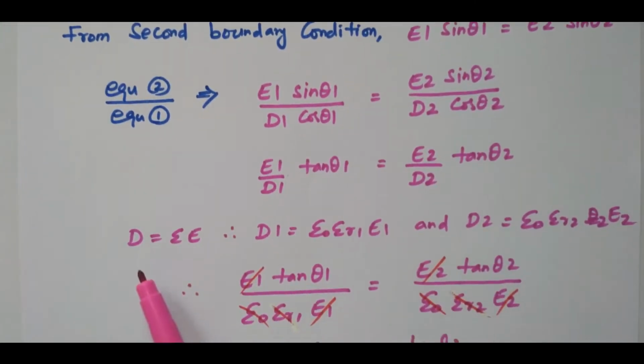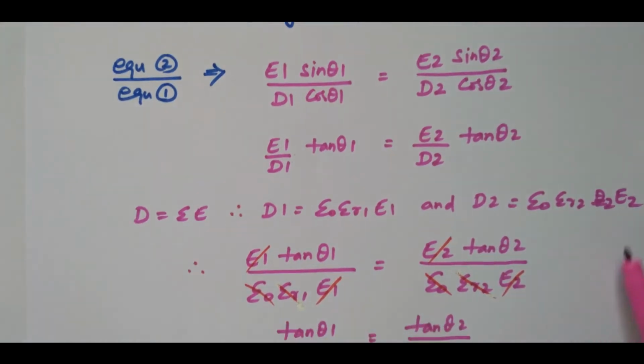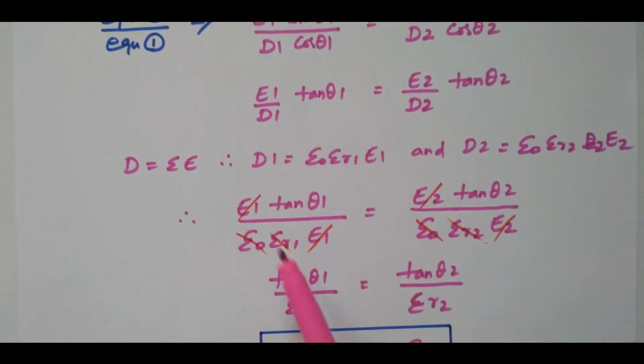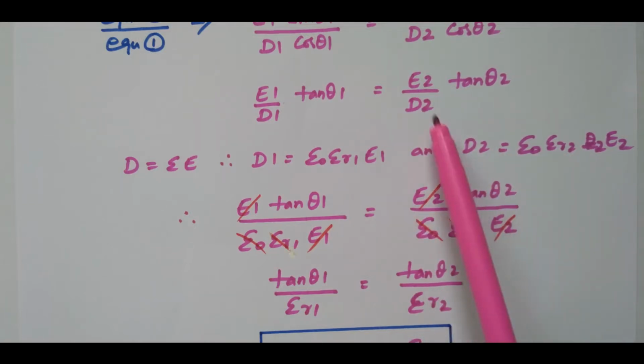Now we'll substitute this. D equal to epsilon E, the relation is available. So D1 equal to epsilon naught epsilon R1 into E1. Similarly, D2 equal to epsilon naught epsilon R2 into E2. Now we substitute: E1 tan theta 1 divided by D1, where D1 is replaced by epsilon naught epsilon R1 E1. Then E2 tan theta 2 divided by D2, where D2 is replaced by epsilon naught epsilon R2 E2, right?